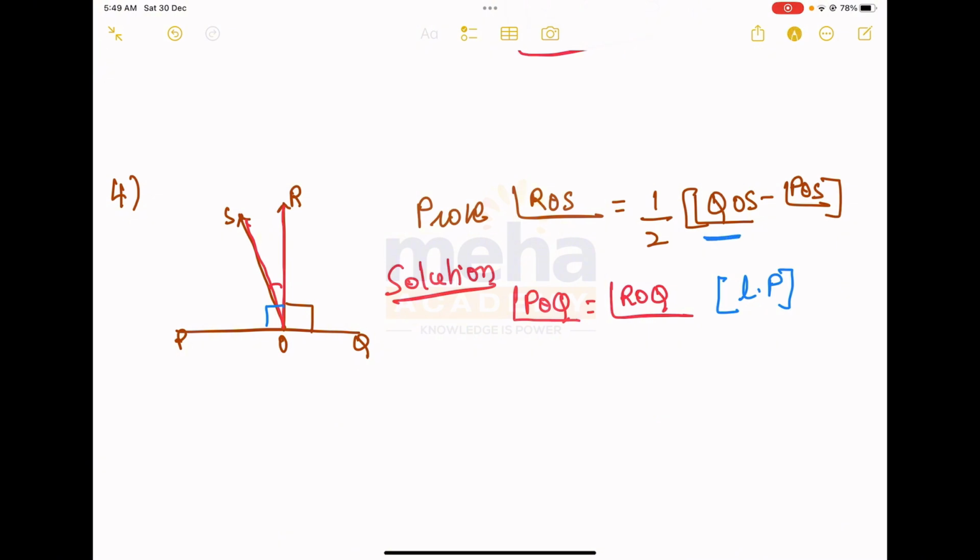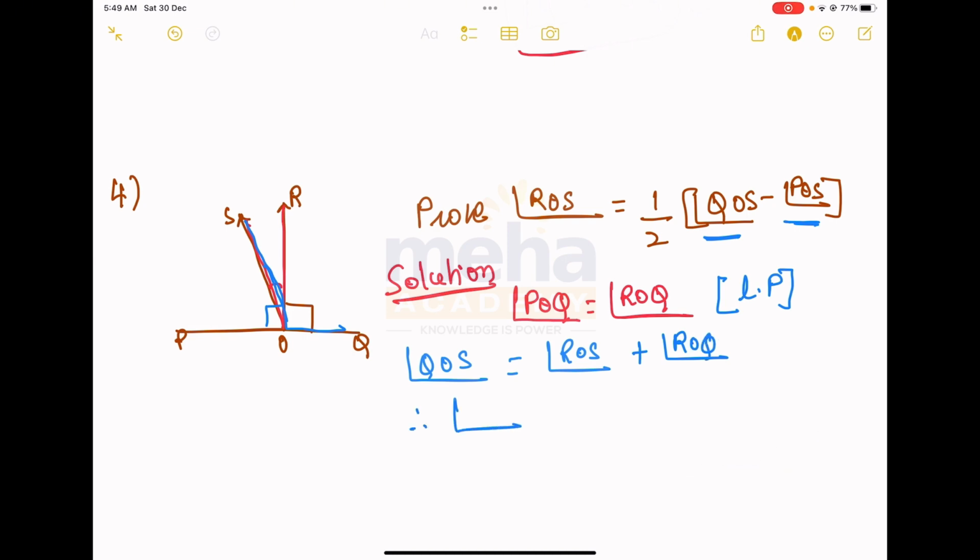Then we have to find out what is QOS and POS. So here, angle QOS is equal to, this is QOS. It has two adjacent angles, angle ROS plus angle ROQ.